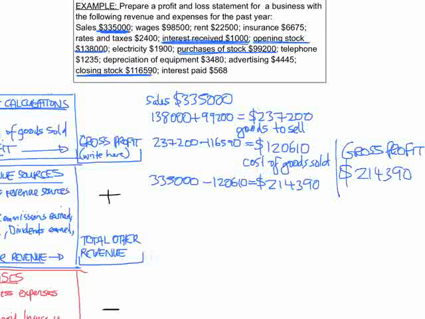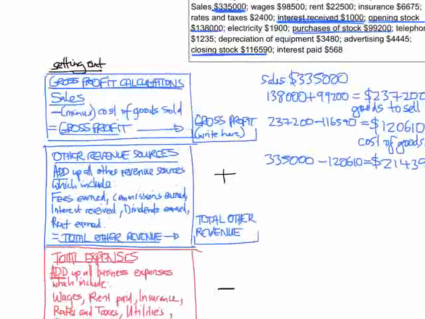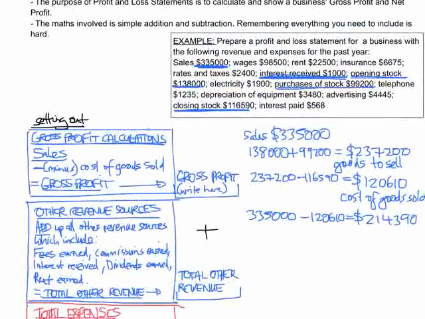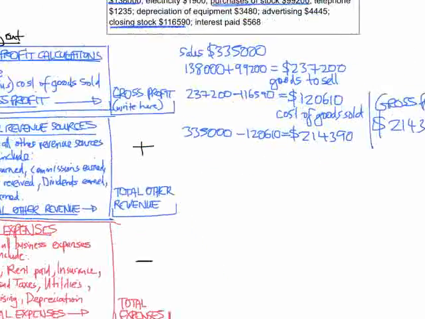Now we're going to be totaling up all of the other revenue sources. And if we have a look, the only other source of revenue that they've had was the interest received. They haven't detailed exactly what that's from, but we could assume it's probably a bank investment or some sort of interest earning account.